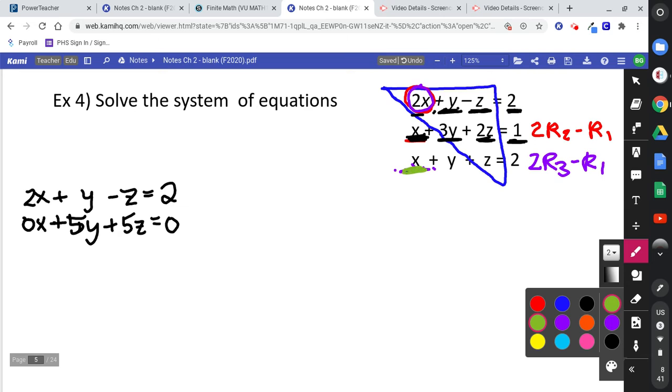So 2 of these is 2x minus this. 2x minus 2x gives me 0x. And 2 of these is 2y minus the row 1. You'd have 2y minus y is plus y. And 2 of these is 2z minus negative z. 2z minus negative z is plus 3z.